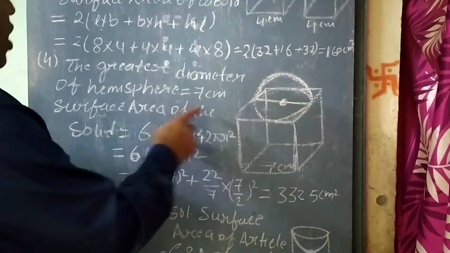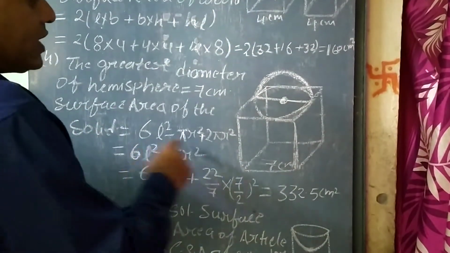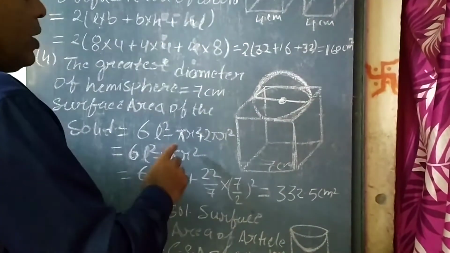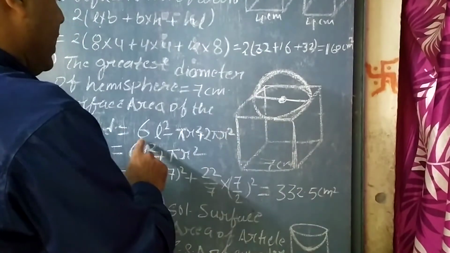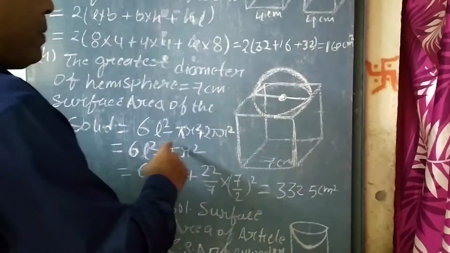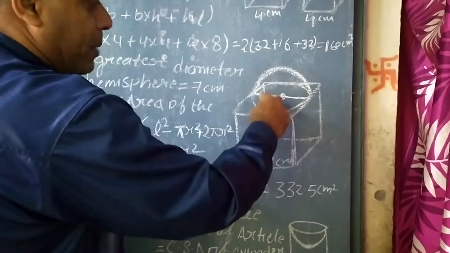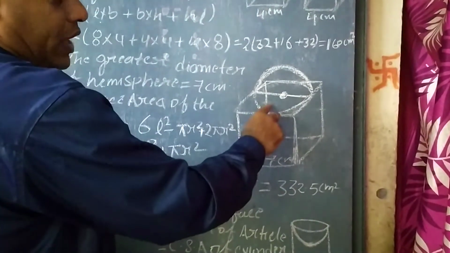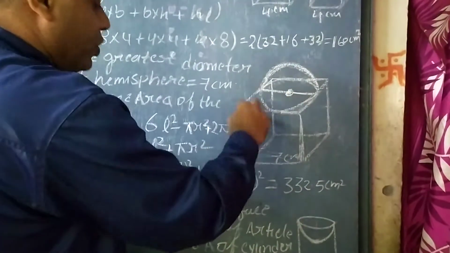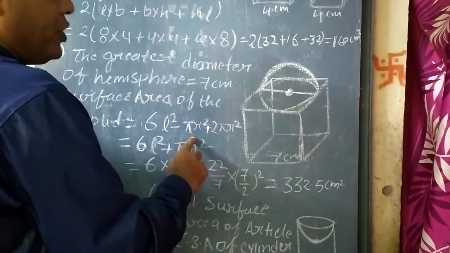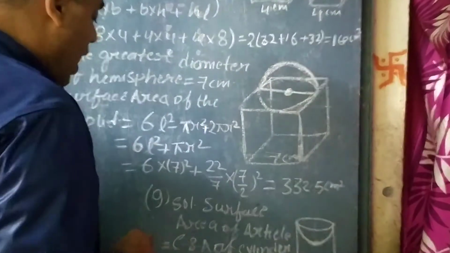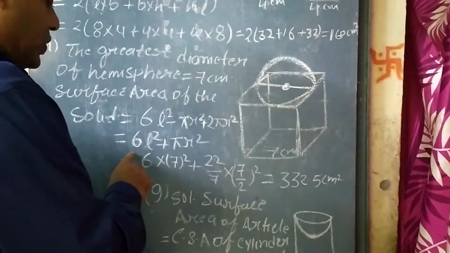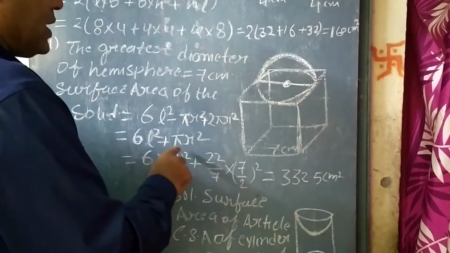So the surface area of the solid equals 6l square, the surface area of the cube, minus pi r square, because the top part is covered by the hemisphere, so that part will be reduced. Then plus the curved surface area of the hemisphere, that is 2 pi r square. So that is 6l square plus pi r square.